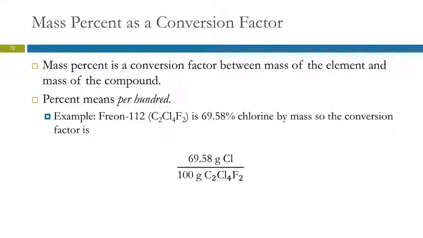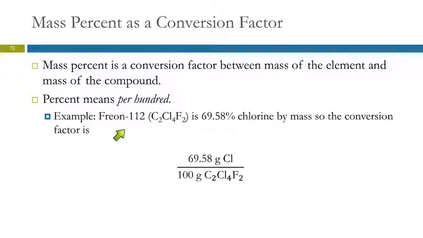Mass percent can be used as a conversion factor. So percent actually means per 100. So we can say, well, the percent is the part over the whole times 100, or we can say it's the parts of what we're interested in per 100 parts total.